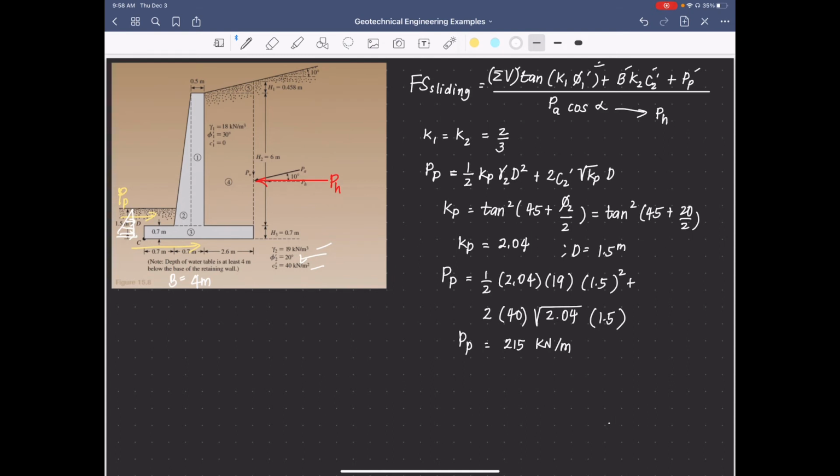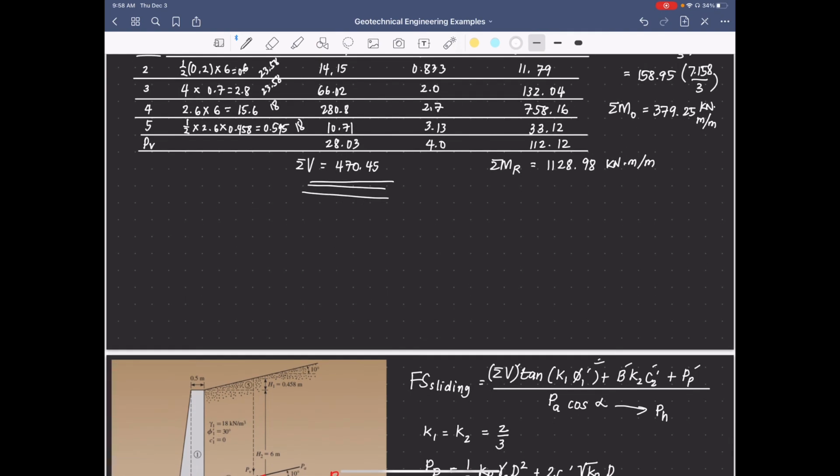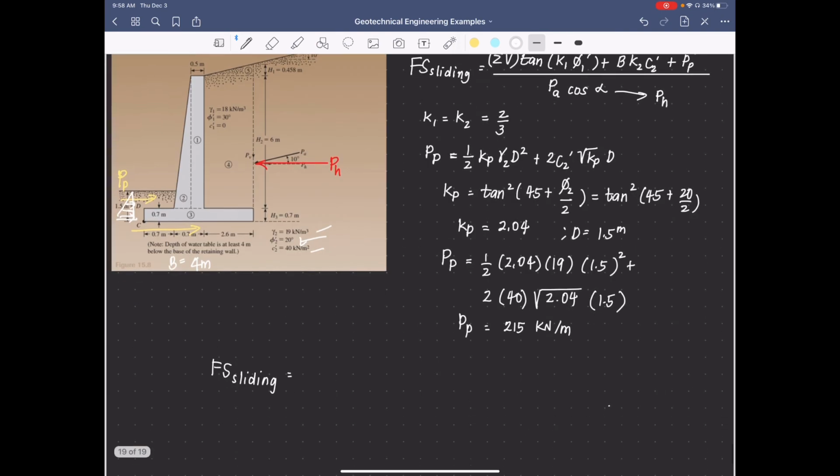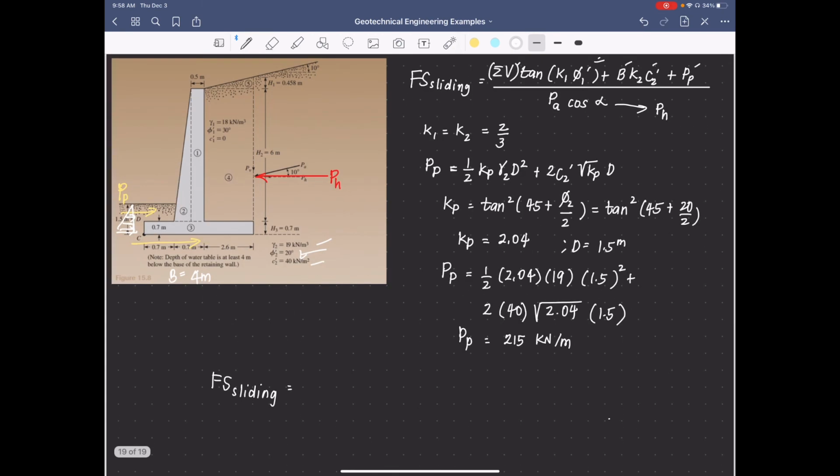And I think all the data are available. So we can now solve for the factor of safety against sliding. The summation of the vertical force is found here, which is this value, 470.45.